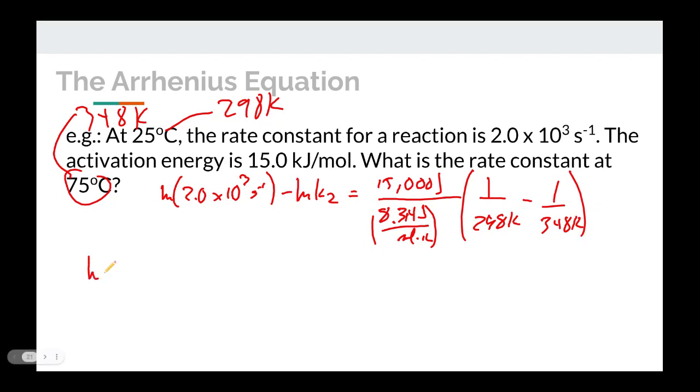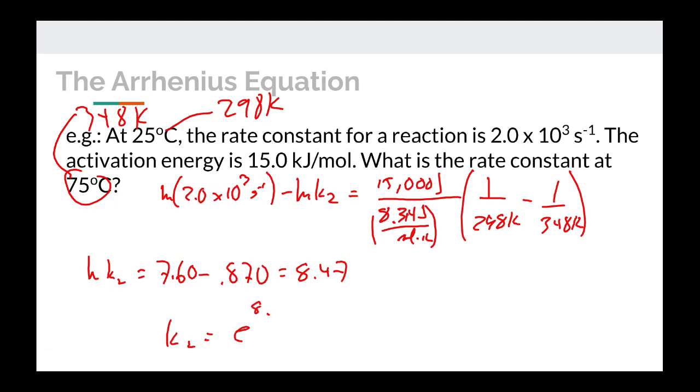So the natural log of k2, if we evaluate this, is 7.60 minus 0.870, which ends up being 8.47. So k2 is equal to e to the 8.47, which is 4.8 times 10 to the third, and it's per second because that's what the unit of k was originally.